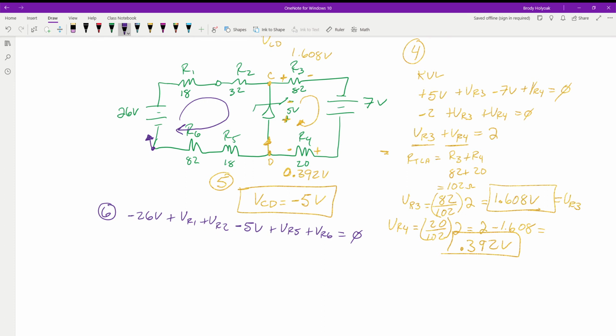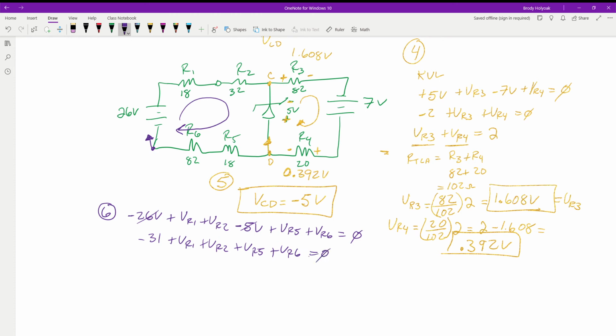So in this case, we have our negative 31 volts, so those voltages will combine together, plus VR1, VR2, VR5, and VR6. All that is equal to 0.